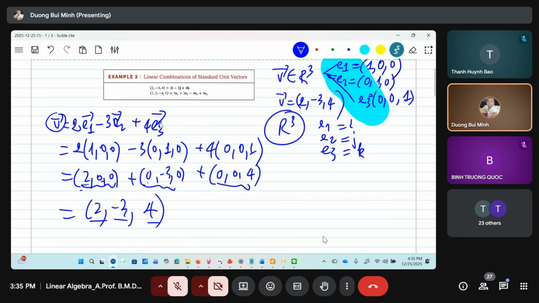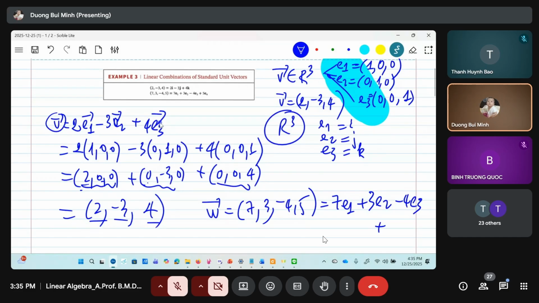Now we have vector 7, 3, minus 4, 5. So we can write 7e1 plus 3e2 minus 4e3 plus 5e4.